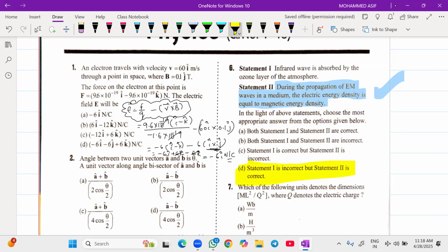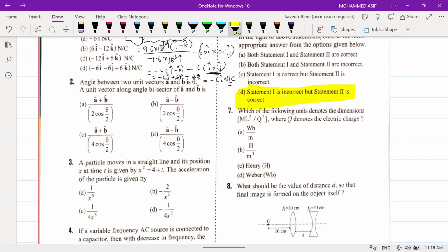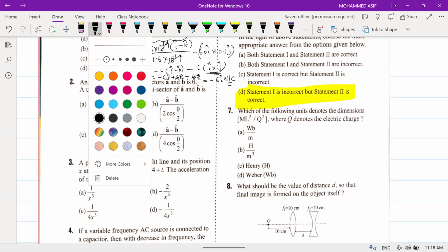Question number 7. Which of the following units denotes the dimensions of ml square divided by q square? Dimension formula concept. Q represents the electric charge. Options: Weber per meter square, Henry per meter cube, Henry, Weber.